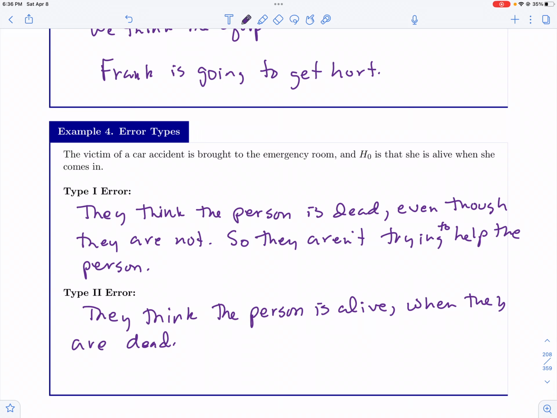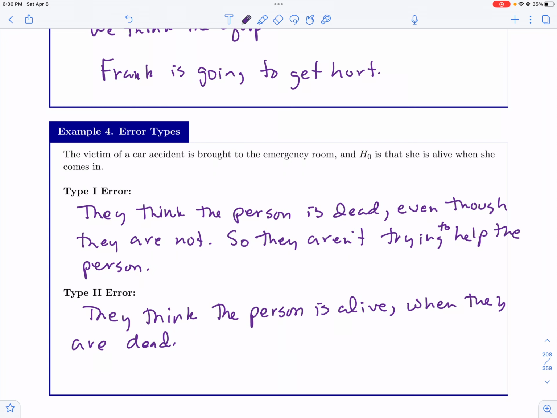It's worth it for them to try, but they probably aren't going to be successful at reviving the person if they already came into the hospital dead. They're going to waste some resources trying, but at least the person is given a chance to live. Whereas in the first case, they just wrote them off as being dead to begin with, even though they were alive.